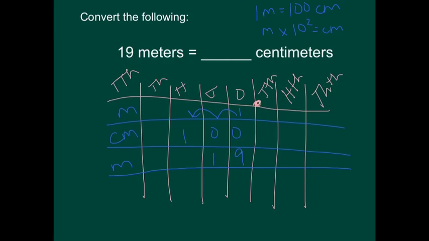And now all I'm going to do is jump over for both of them to get my centimeters. Put the 9 there. And then have my zeros in the place values that I don't have anything, but I need something. So I'll have 1,900 centimeters.